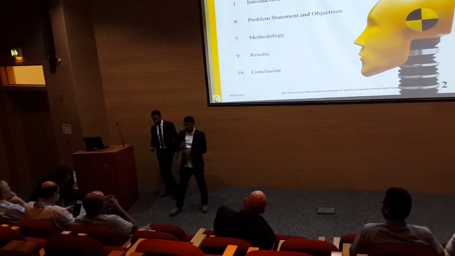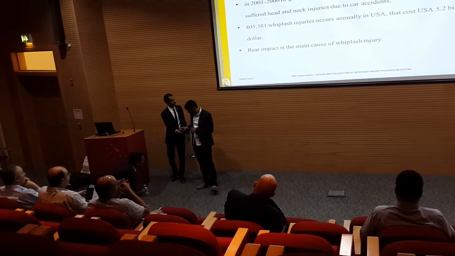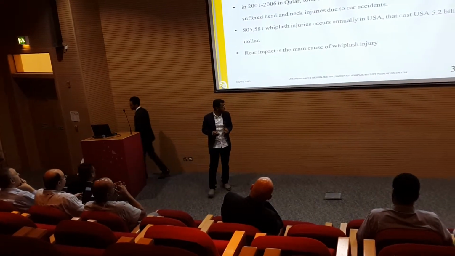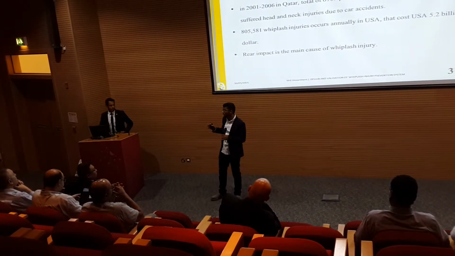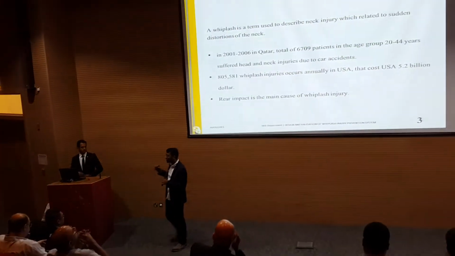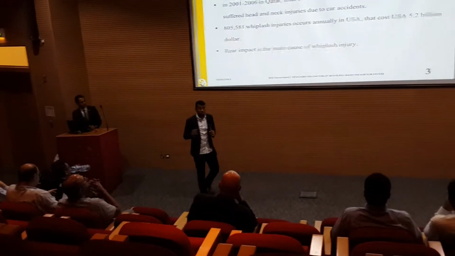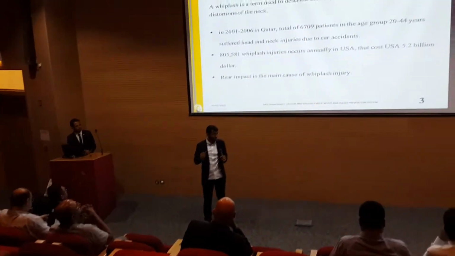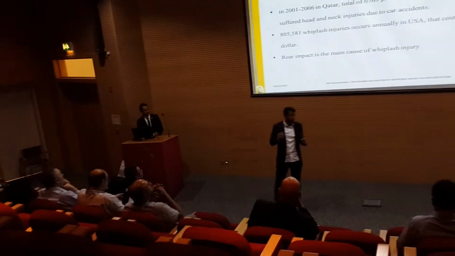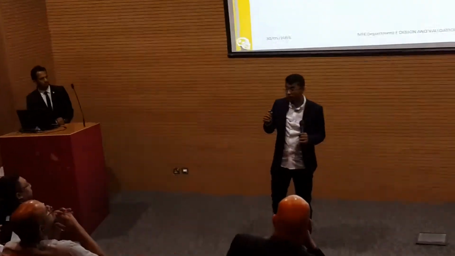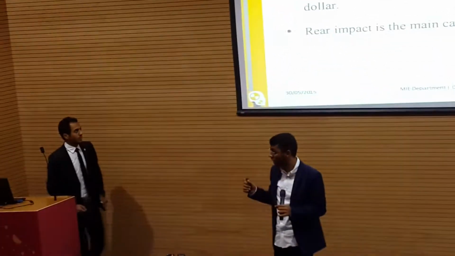Good morning, everyone. Let me start with the definition of what whiplash is. Whiplash is a term used to describe a neck injury related to sudden distortion of the neck. In the period between 2001 and 2006 in Qatar, the number of people who suffered head and neck injury due to car collisions was about 6,700.